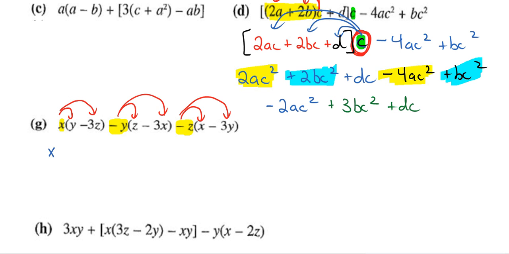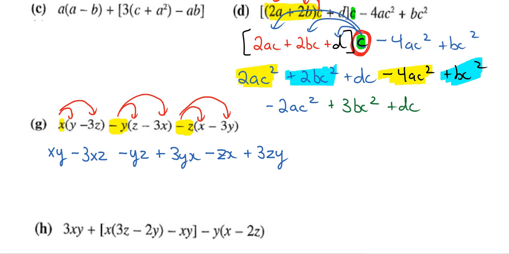So this will give you xy minus 3xz minus yz plus 3yx minus zx plus 3zy. Okay, so hopefully the signs, if you have a negative sign, that will give you positive, right? So hopefully you're okay with section 5.4 now.